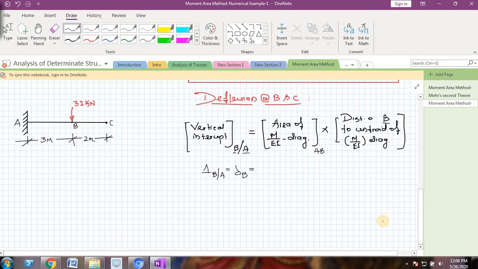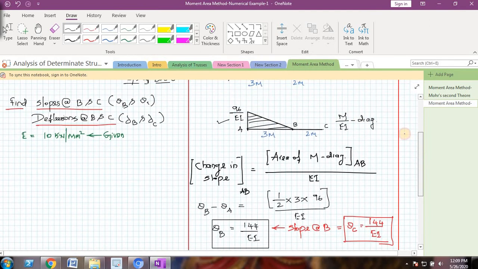So I can write it as half of base is 3 and height is 96 by EI, multiplied by, you have to be careful here, distance of B to the centroid of M by EI diagram. Since we are actually finding the deflection at B, I have to measure this distance, that is distance of point B up to the centroid of the M by EI diagram.